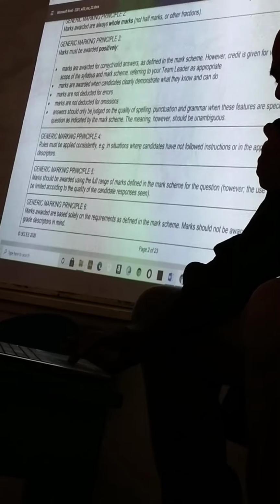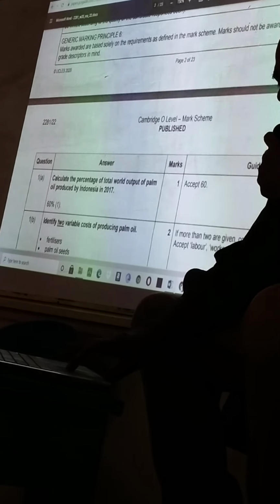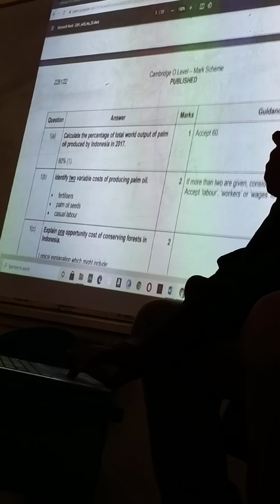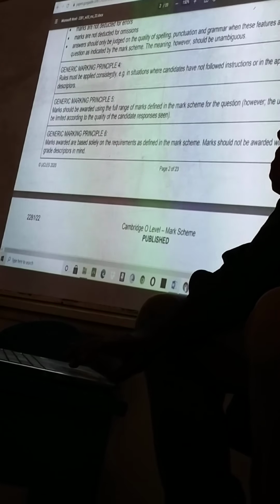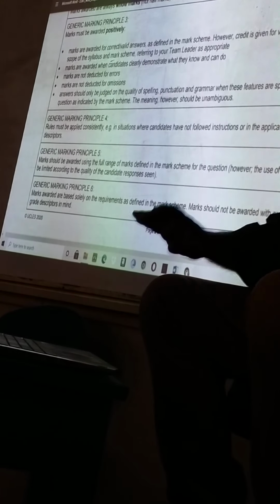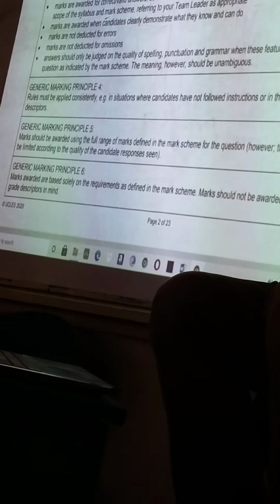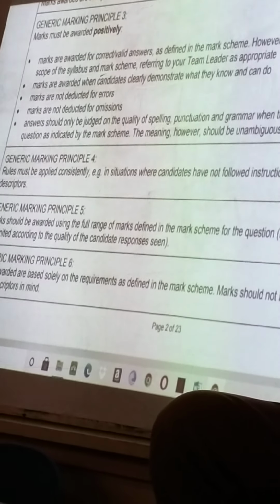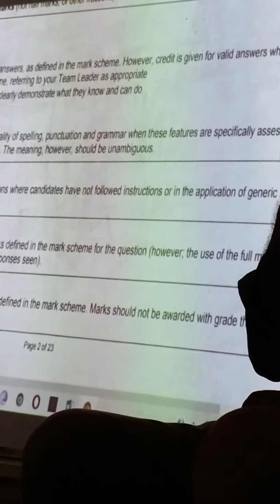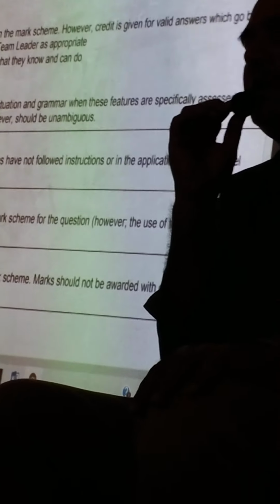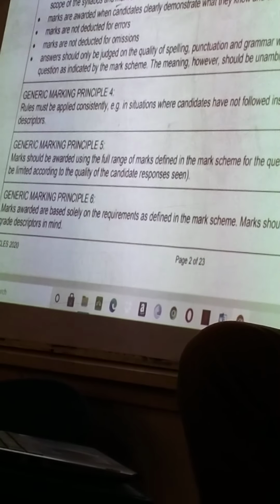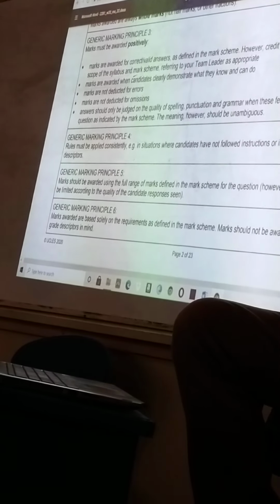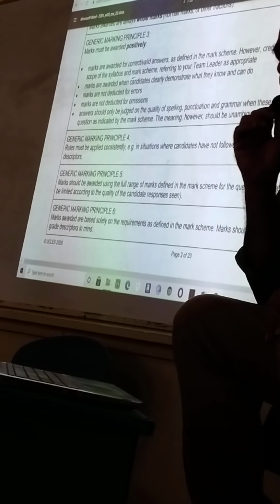Another thing which is absolutely important in economics is about the contradictory points, especially in the discuss questions. On one side, you are supporting an idea. Then, when you write against it, the pros and cons, the advantages and the disadvantages, what happens?